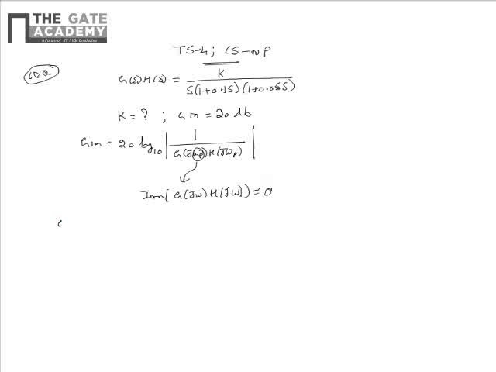Now first let us find out G(j omega)H(j omega), which can be written as K by j omega multiplied by (1 + 0.1 j omega) multiplied by (1 + 0.05 j omega).